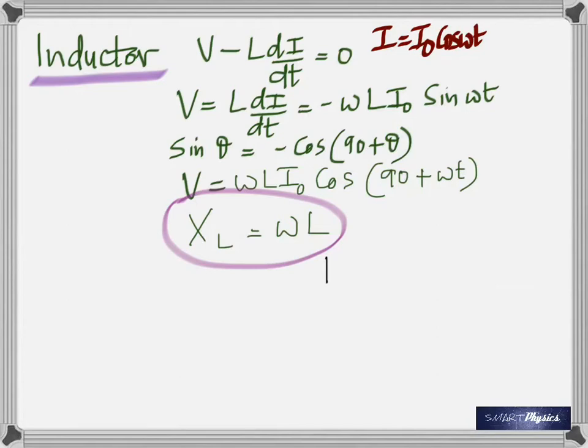So what happens to the reactance as the frequency increases? What happens to the reactance of a coil when the frequency applied increases? It increases. Okay, wait. What's the frequency of DC? What's the frequency of direct current?